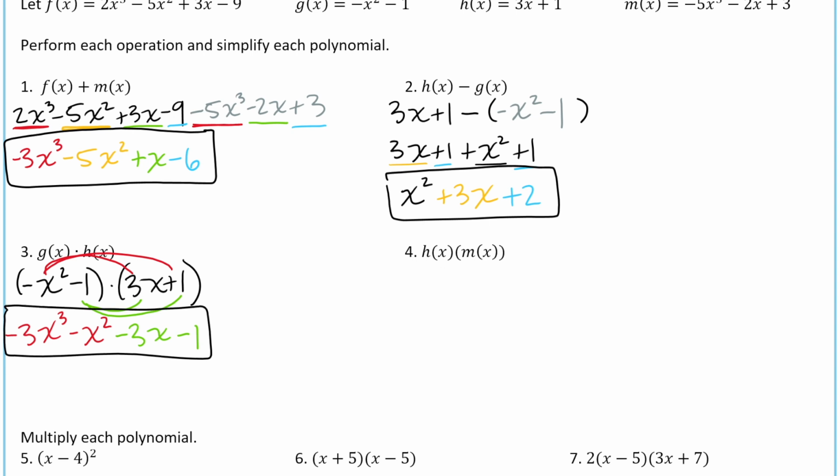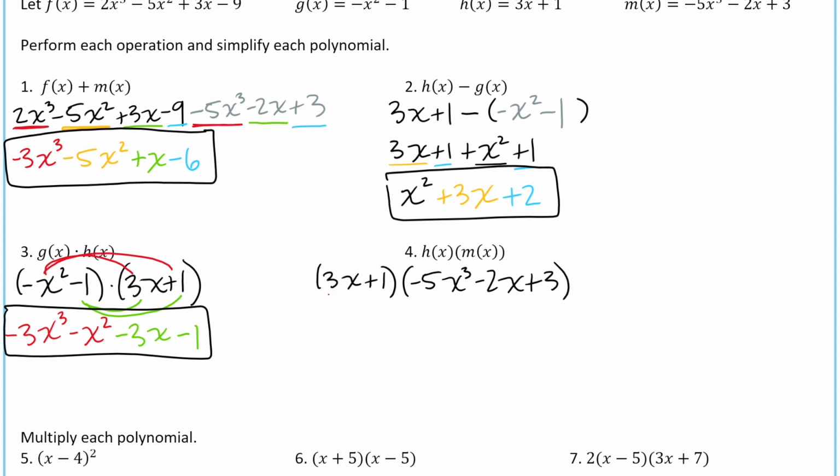All right, we have h of x times m of x. Lots of parentheses there, but it's just multiplication. So h of x is 3x plus 1. And m of x is a trinomial, negative 5x cubed minus 2x plus 3.